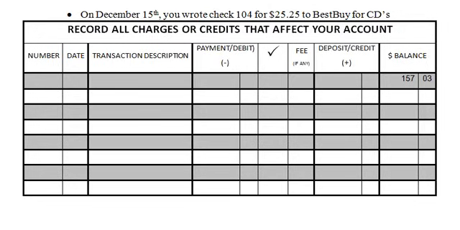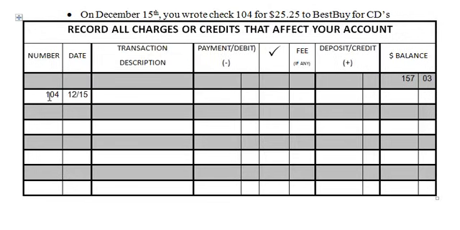On December 15th, you wrote check 104 for $25.25 to Best Buy for CDs. So our first step is to enter our check number. Then we enter our date. We put our transaction description, which is going to be Best Buy, followed by our memo on the gray line, which is we purchased CDs.